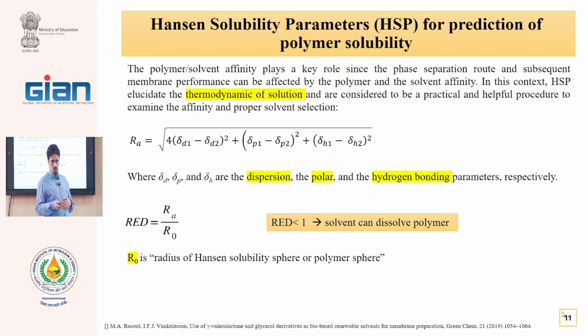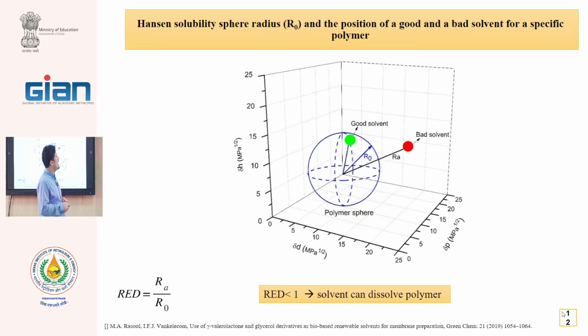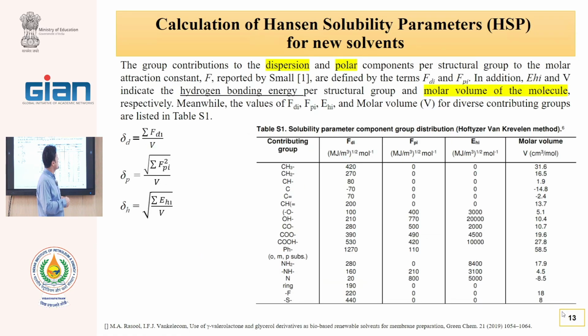For polymers also, okay? But if you synthesize a new solvent and you check the handbooks and do not find it, in this case, we can calculate these sigmas with this equation and with the functional groups.